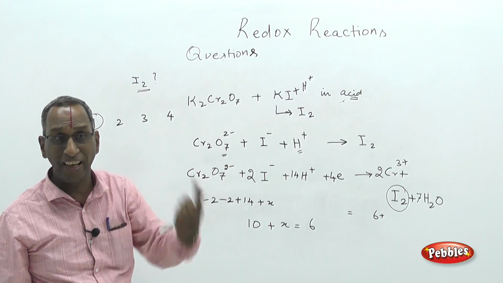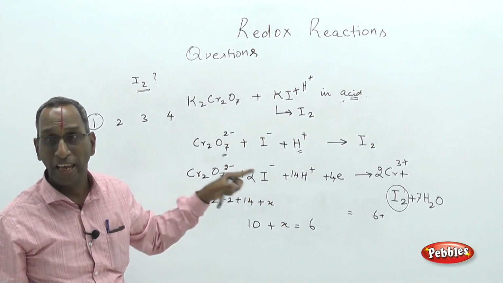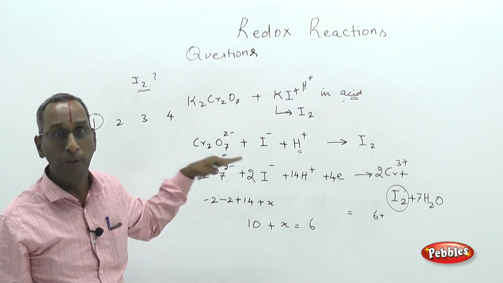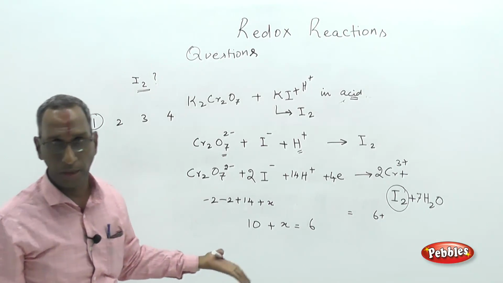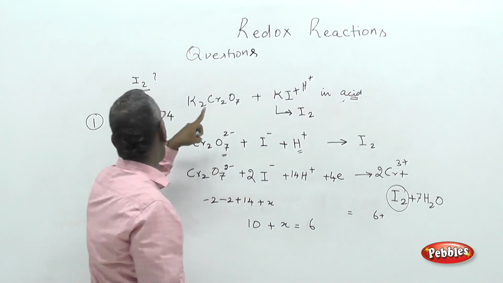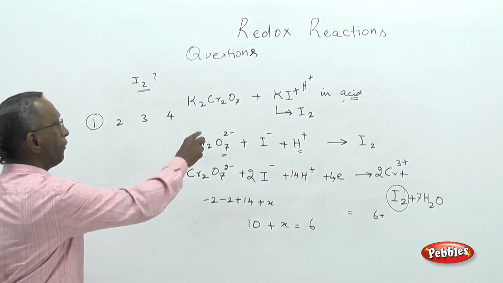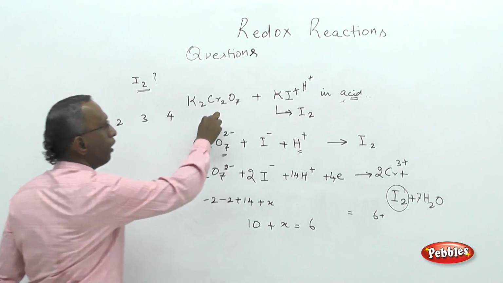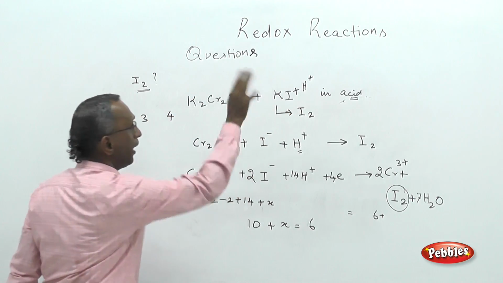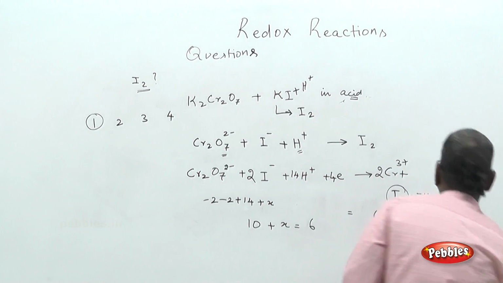So dichromate reacts with iodide in acid medium in normal titrations, which we have balanced and got the answer. This is the method to approach this question. The answer is that 1 mole of iodine is formed by the reaction of 1 mole of dichromate with potassium iodide in acid medium. This finishes the current question discussion.